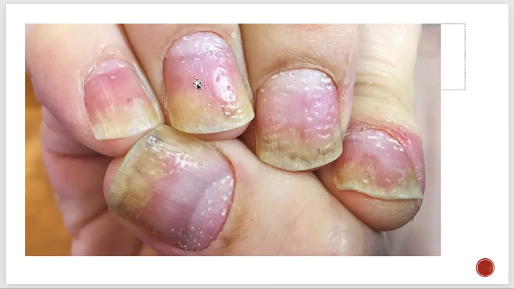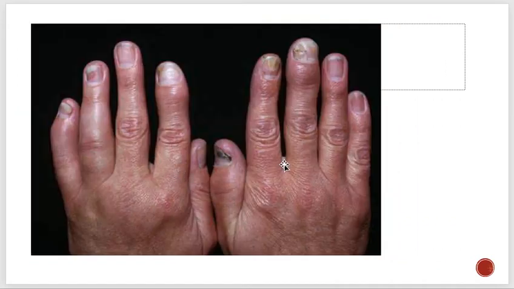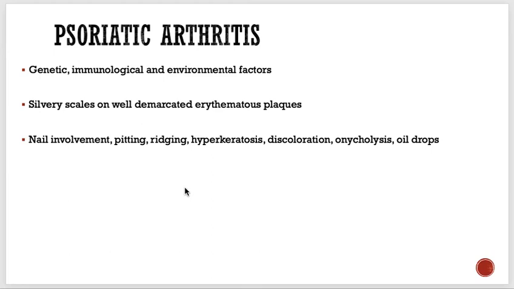Remember, the nails are part of skin, guys. So maybe you have done this in psoriasis. See, many of them have deformative arthropathy, like their joints become deformed. So simply, these are the dermatological features. They have the psoriatic rash, they have nail involvement, right?